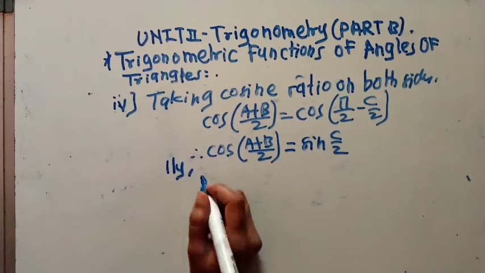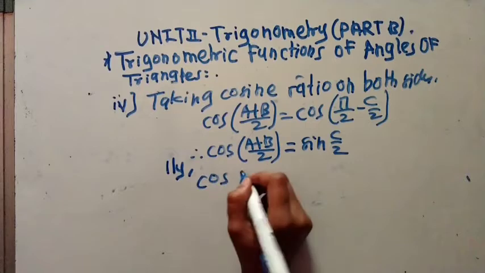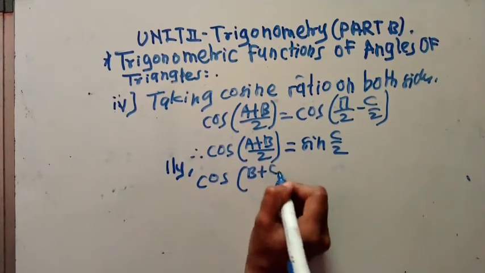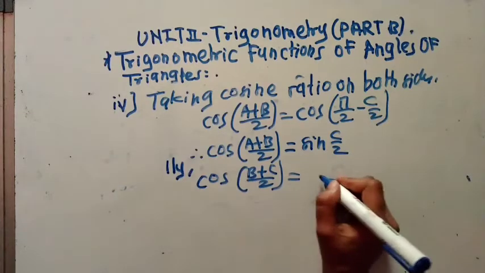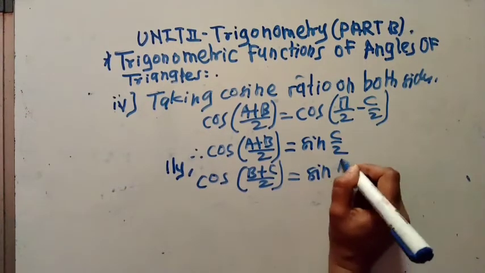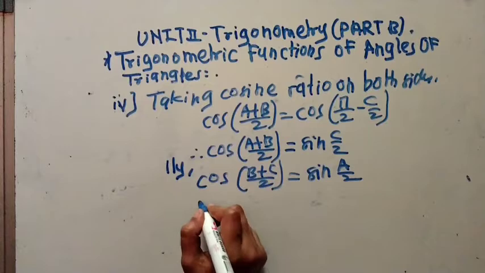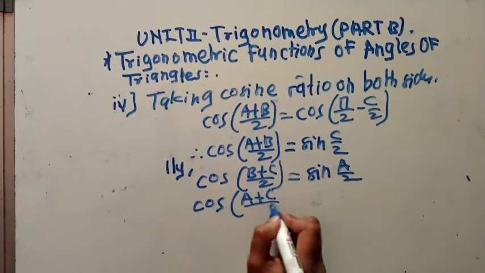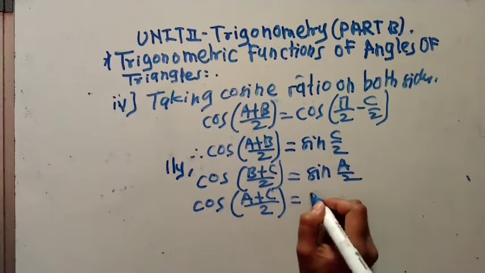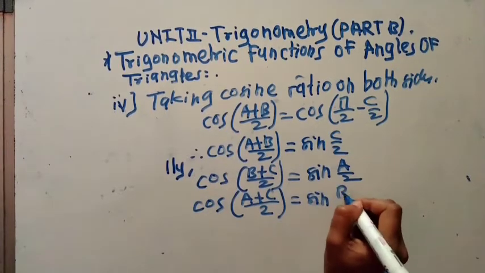Similarly, we can prove that cos((B+C)/2) is equal to sin(A/2), and cos((A+C)/2) is sin(B/2).